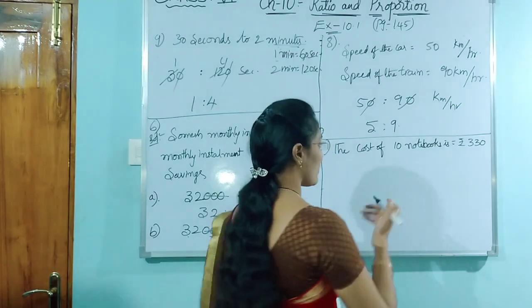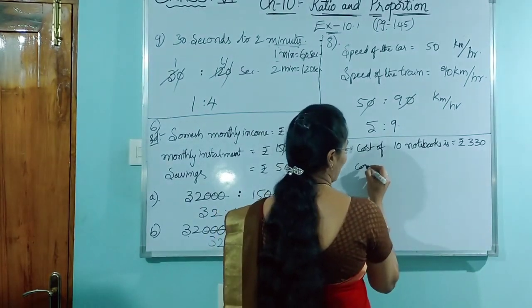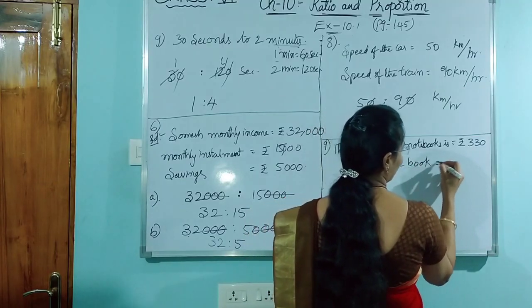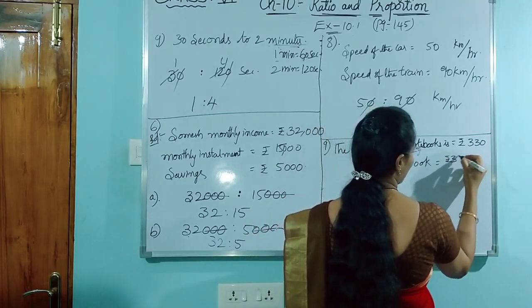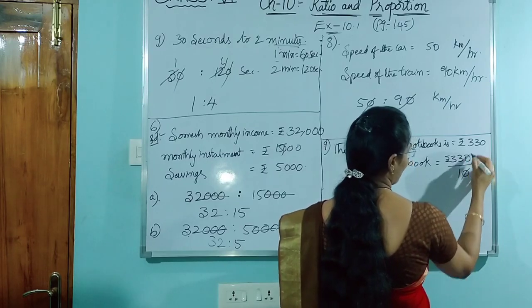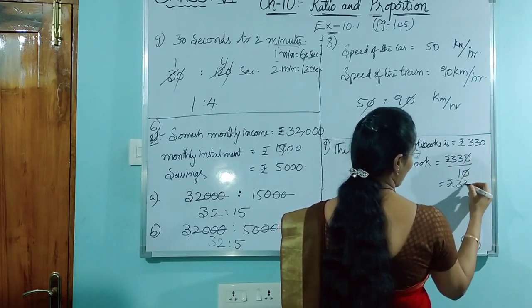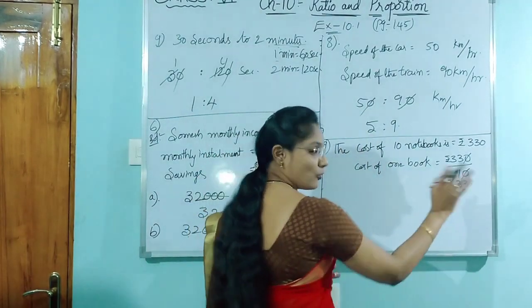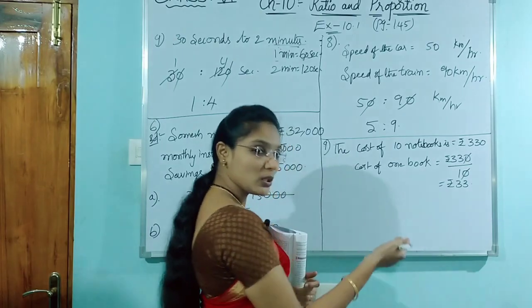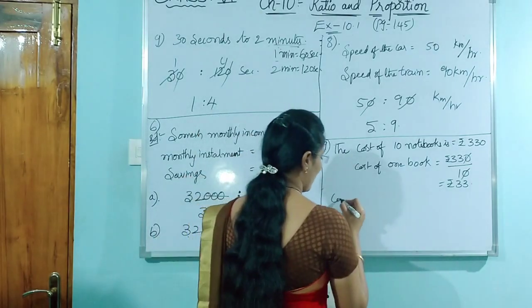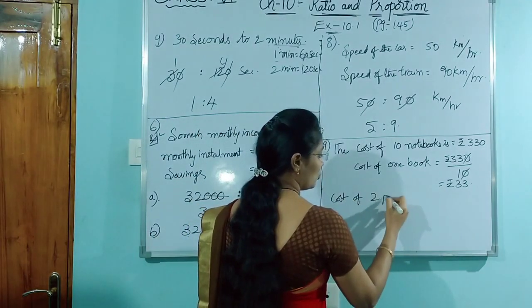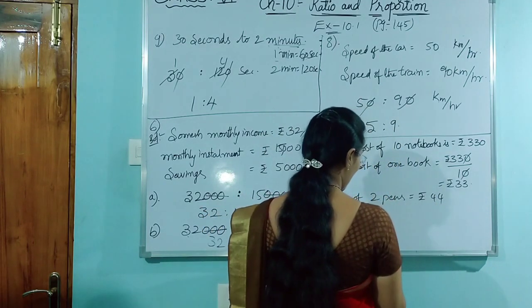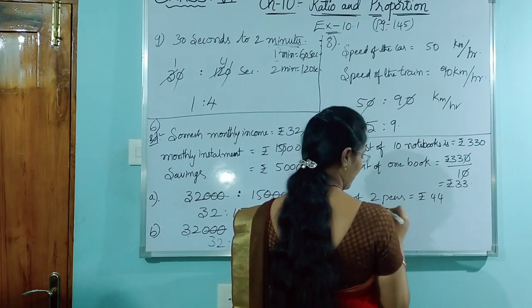Cost of one book is what? Rupees 330 by 10. 0 cancel means the cost of one notebook is 33 rupees. So we found the cost of one notebook. The same way we will find out the cost of one pen. Cost of 2 pens, how much? Rupees 44. Now cost of one pen.